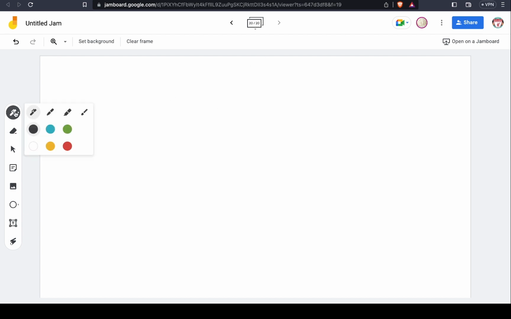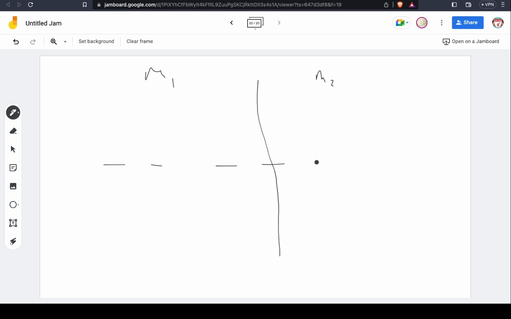But let's say we have one medium on the right. Let's call this M2. This is M1. And we'll have our normal line, which is just what we're going to be comparing. Let's say a ray enters like this. So we have N1 sine theta equals N2 sine theta.